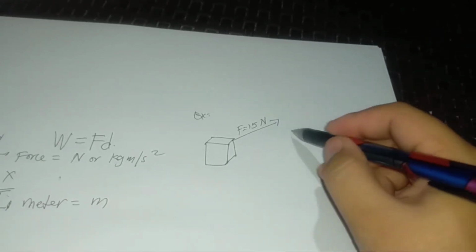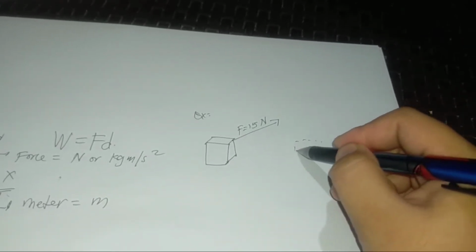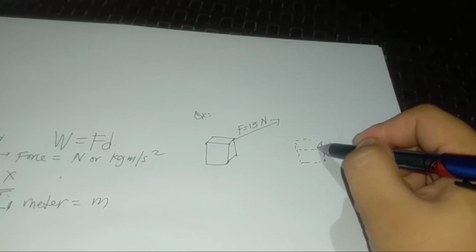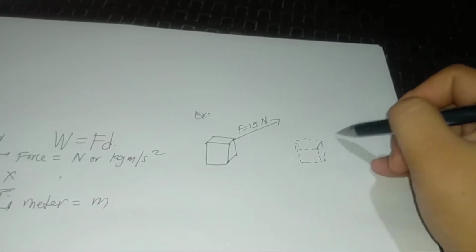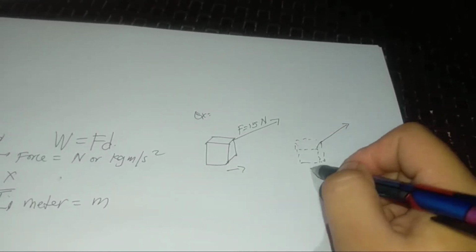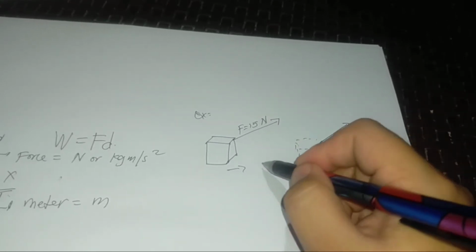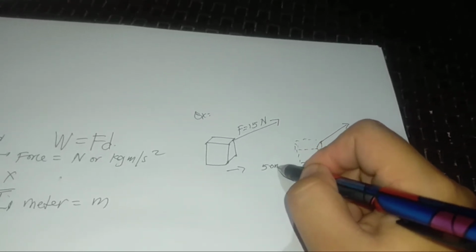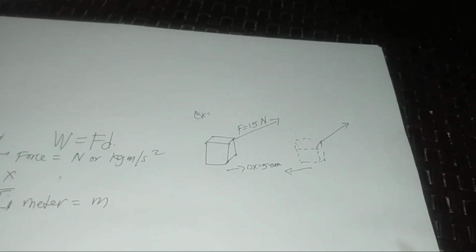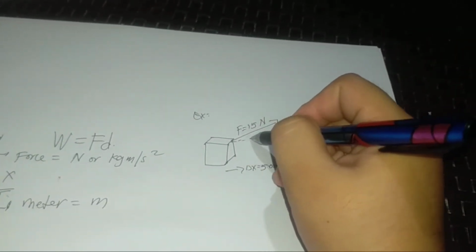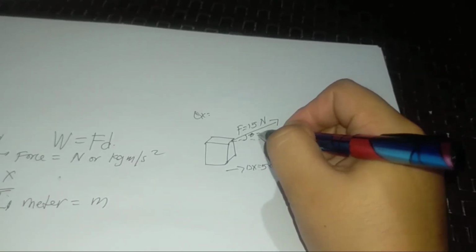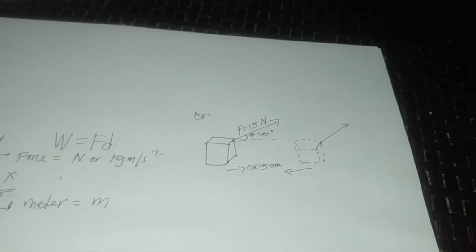So I move the box to this portion, with a distance or displacement of 5.0 meters. Therefore, 5.0 meters is the delta X. And as I pull the box, I am forming an angle of 25 degrees.